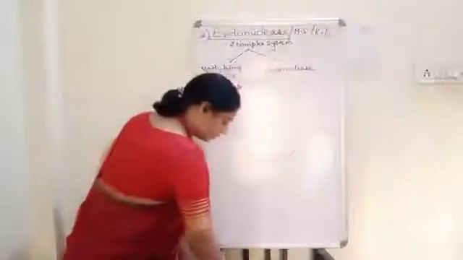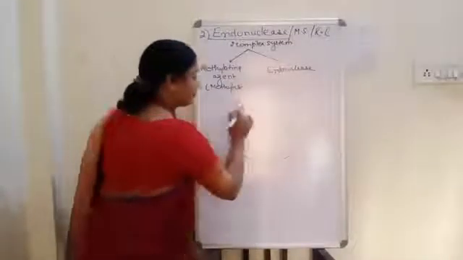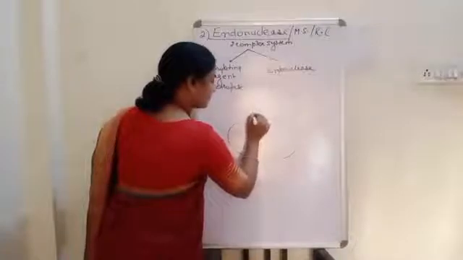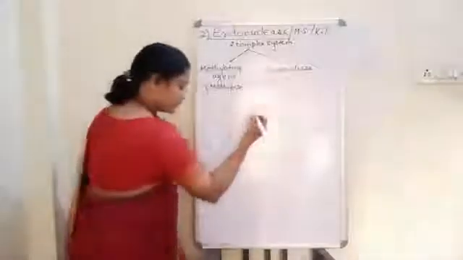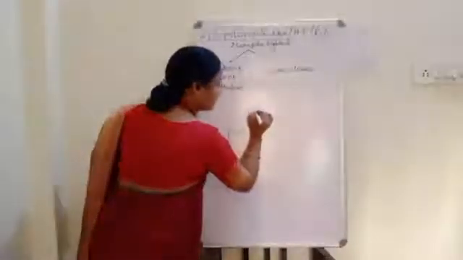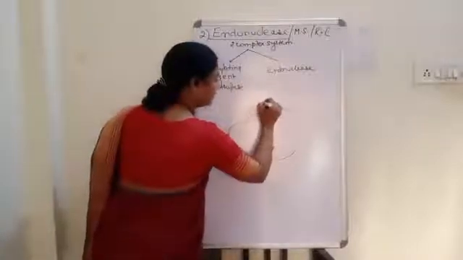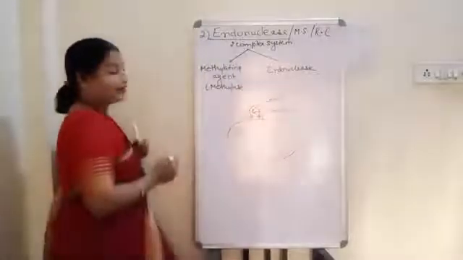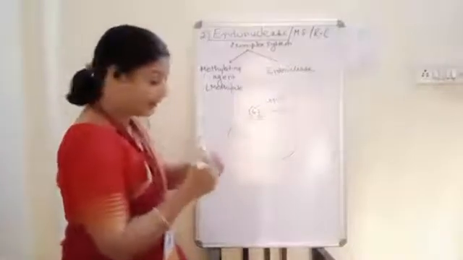Suppose this is the virus, and this is the viral DNA. This is our capsid made up of protein. Viral DNA, we have already discussed these points. This is the plate, these are the cell endings and all.